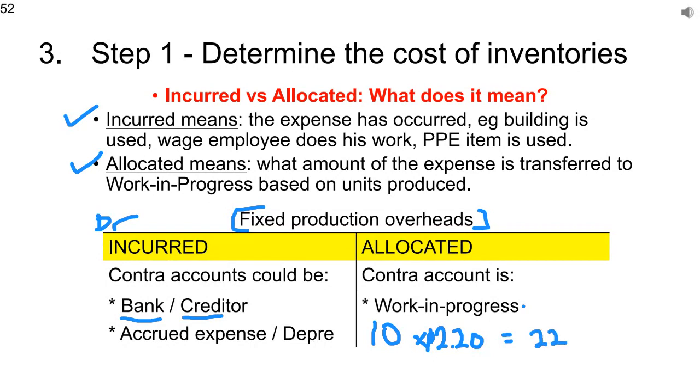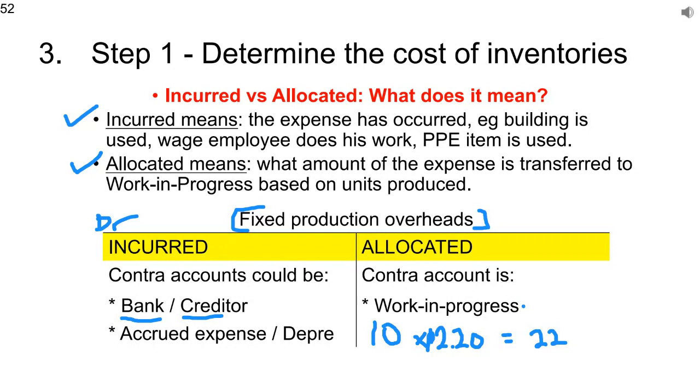So there's a difference between costs that have been incurred and costs that have been allocated. Costs that have been incurred are costs that we need to pay. Costs that we have allocated are costs that we've taken out of expenses and put into inventory or work in progress, which is an asset. Does that make sense?